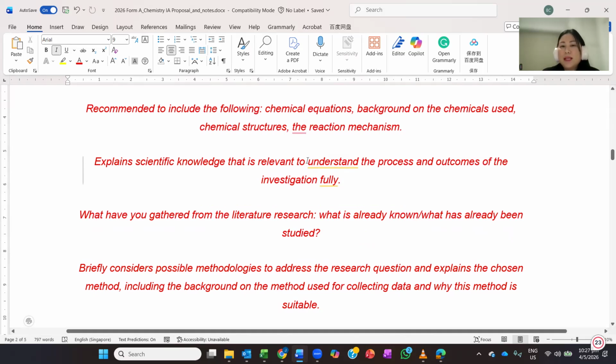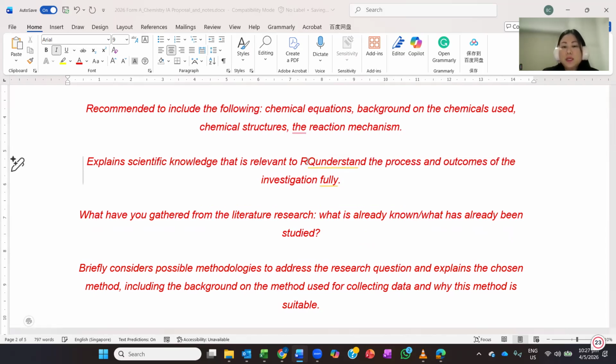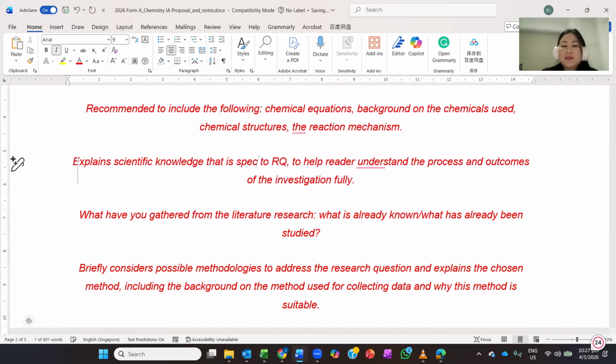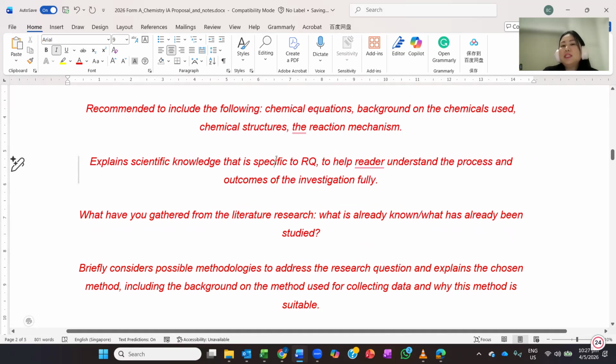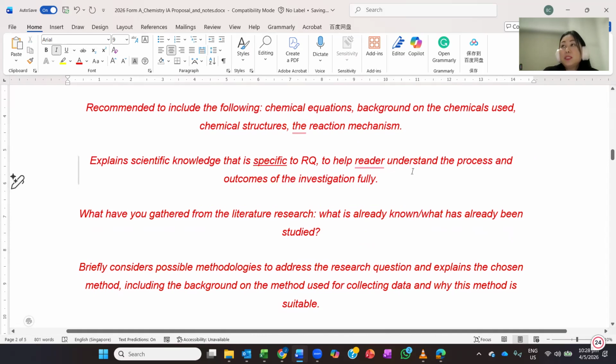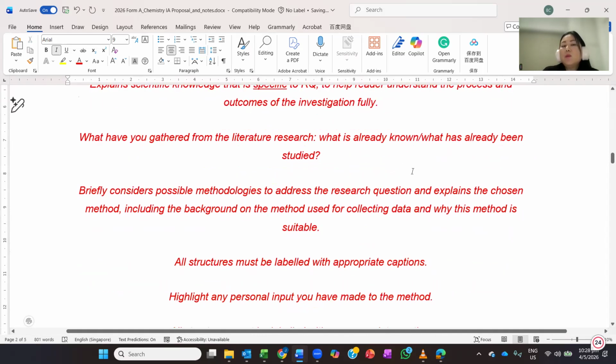It cannot be something very generalized. It has to be specific to your research question so that the reader can understand the process, the chemistry behind. What have you gathered a little bit from literature research?